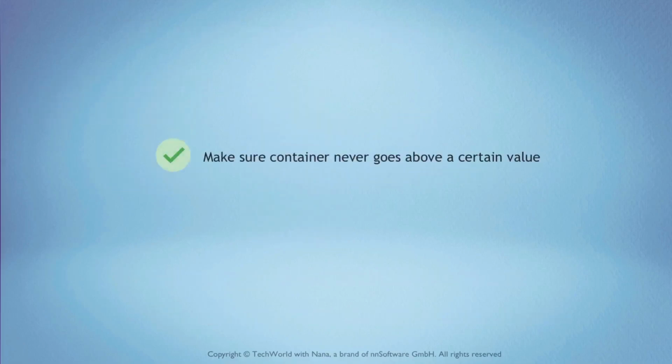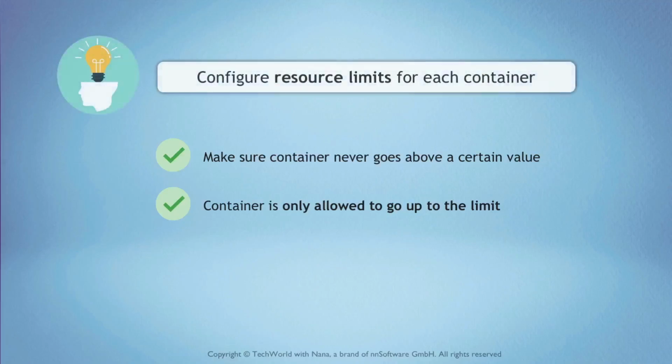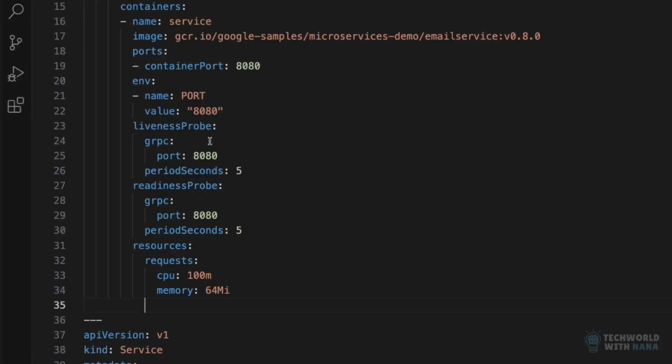Of course, you want to avoid such situations where one container consumes all the resources on the node, and you can do that by setting resource limits for each container in addition to resource requests. So we define the limits inside the resources block for the same resources, the CPU and memory.